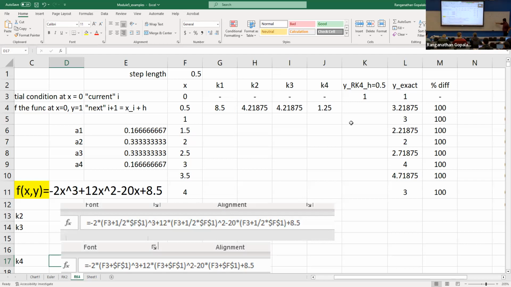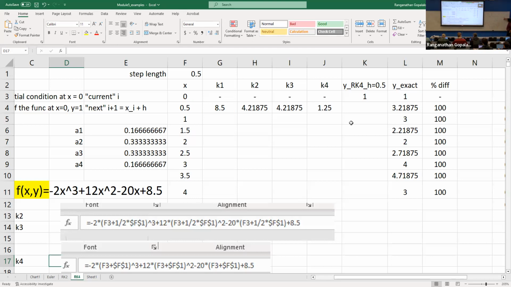You need these K values, which you have now. Multiply them with the weightage factors, add them up, and add it to your previous value. That is, yi being the current value, and this is the new term, so that you go from here to here. Does that make sense or not?